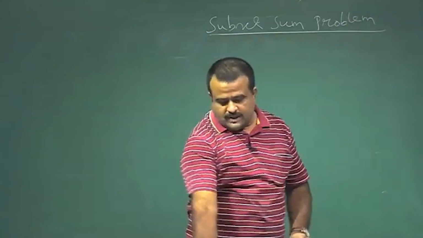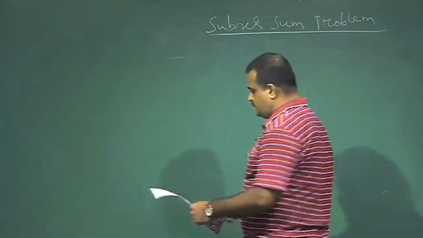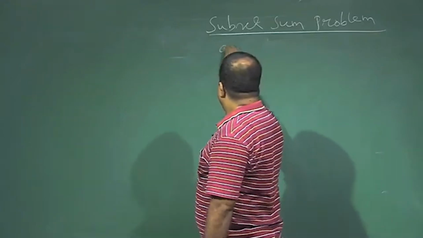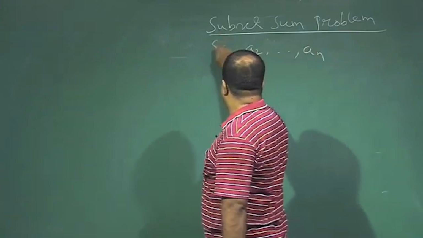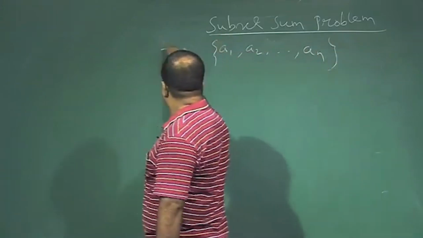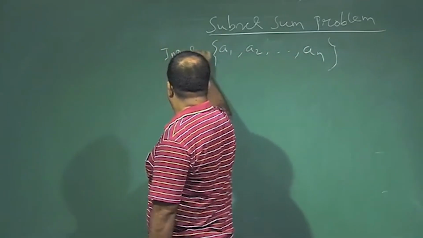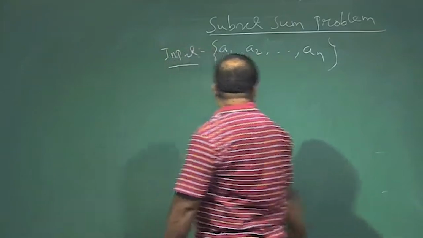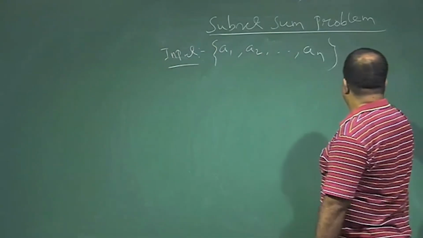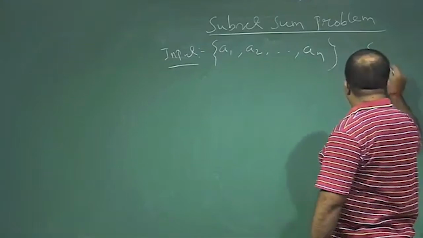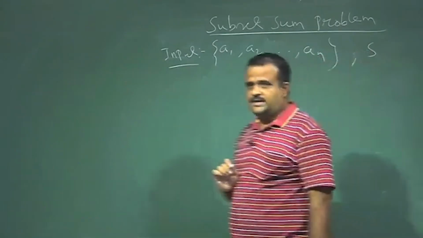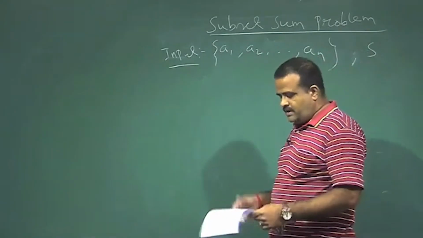Okay, so the problem is, we are given some integers A1, A2, up to AN. These are the input. And we have another integer S, which is called the target. Now we have to find a subset.